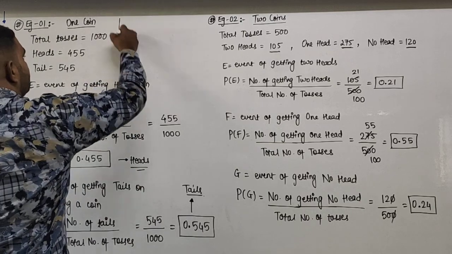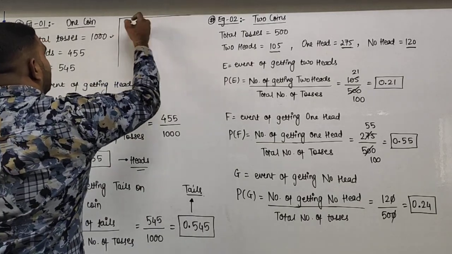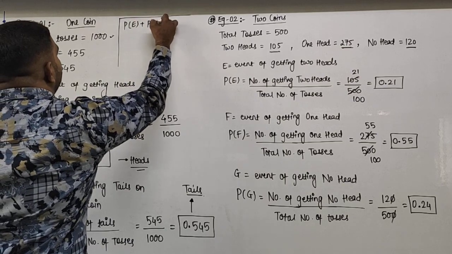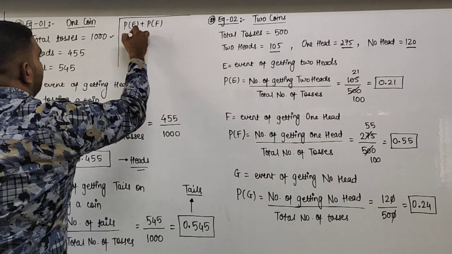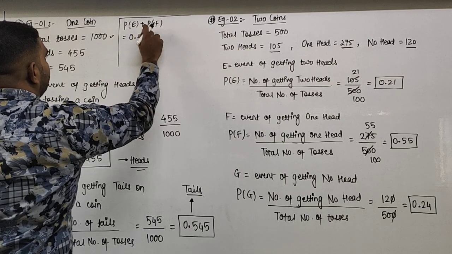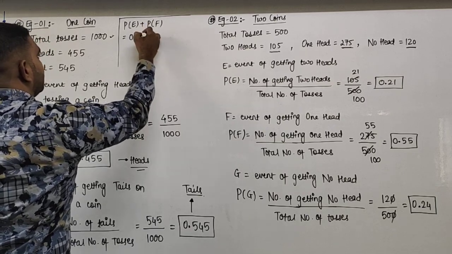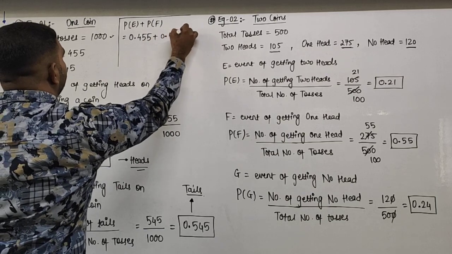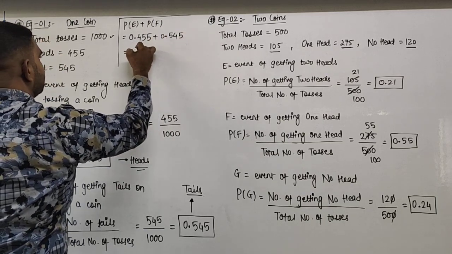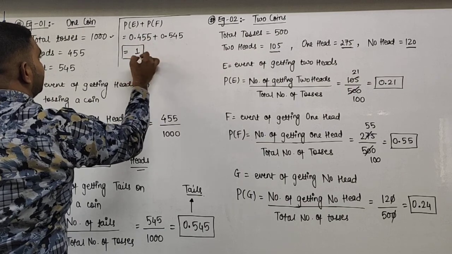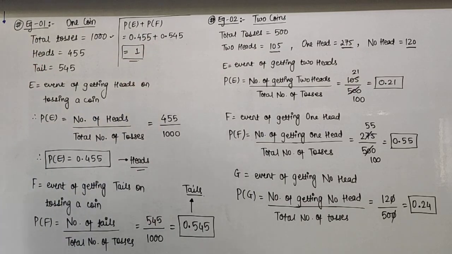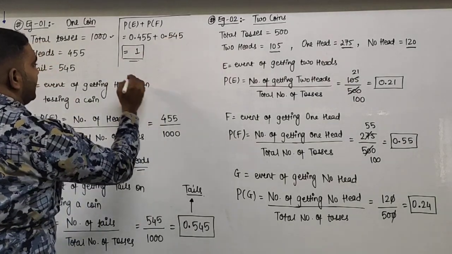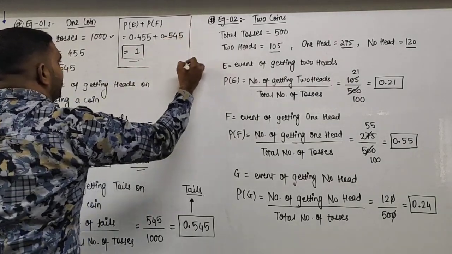If I write one thing here for you: probability of getting heads, that is P of E, plus probability of getting tails, that is P of F, is 0.455 plus 0.545. If you add this, you will get the answer 1.000. The answer will be 1. Right? So that was the discussion for example 1.